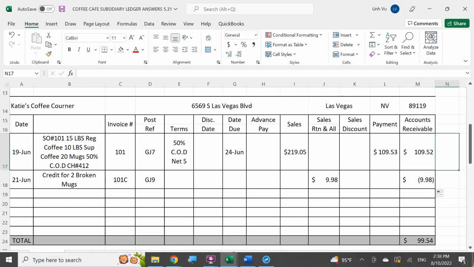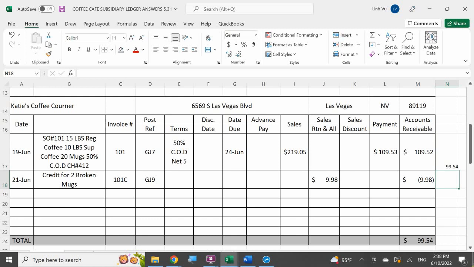Now, in case she decides to order more stuff from us and she hasn't paid us for what she originally purchased from us, this is where I'm going to make a note on the side here to let her know what the new invoice is, or the total amount. So it's for $99.54, just in case she starts buying more stuff, and then the balance will change eventually.